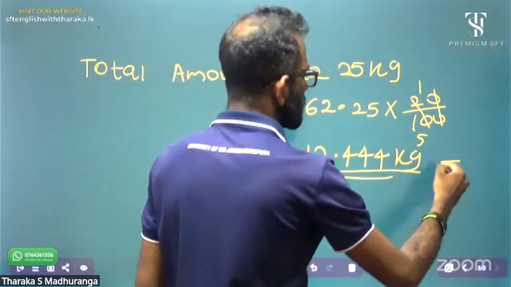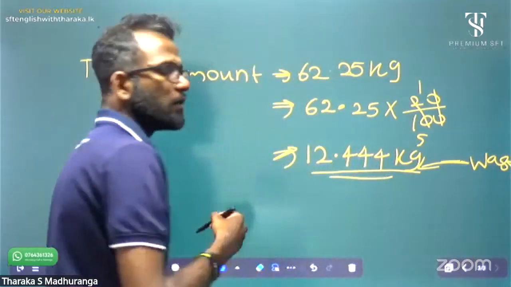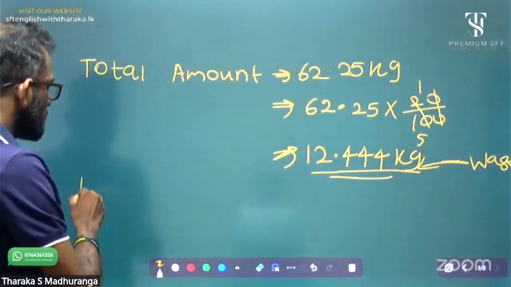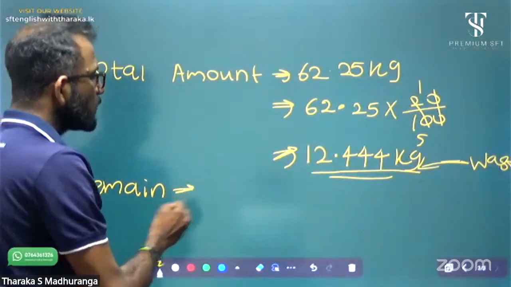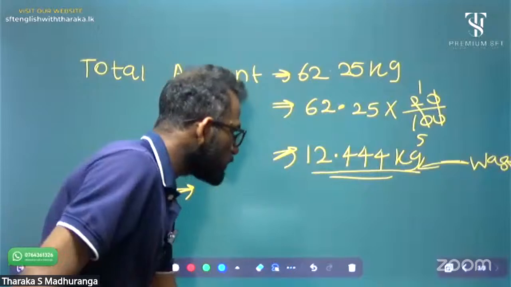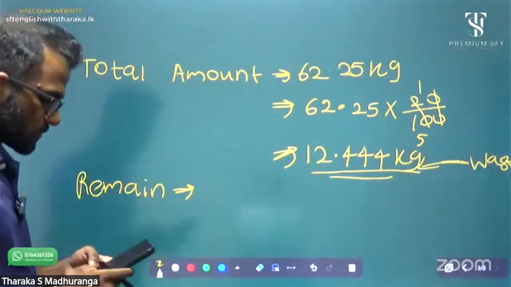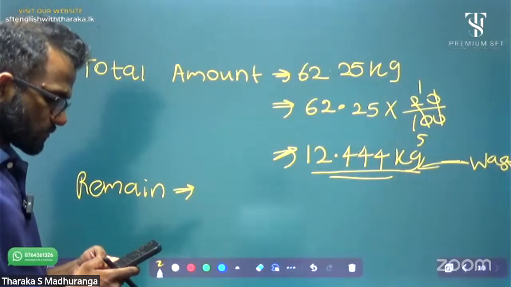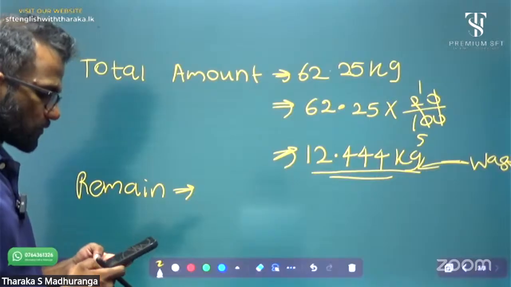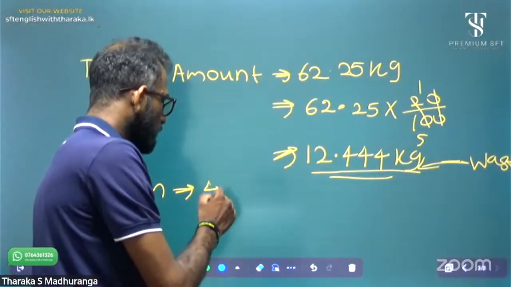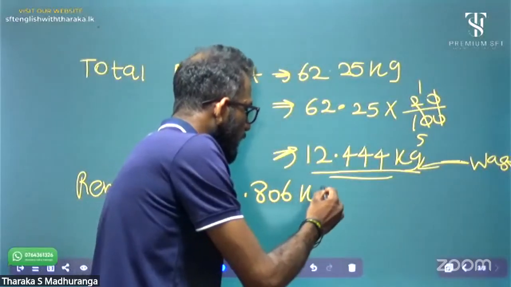That's the wasted amount. It's the waste, damage. Then only remain 62.25 minus 12.444, 49.806 kilograms only remain.